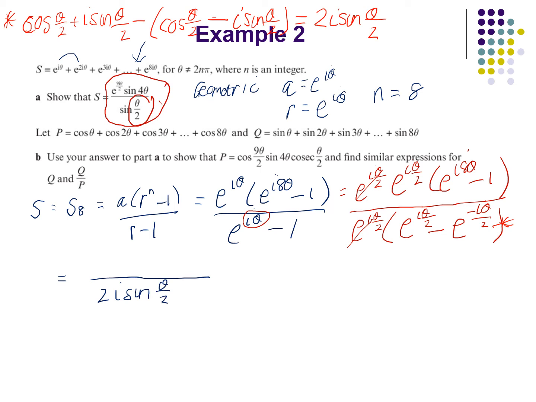Now I'm going to do the same to make the numerator what I want in my show that. So you can see that I want sine 4 theta. You can also see that I want an e to the 9i theta over 2.